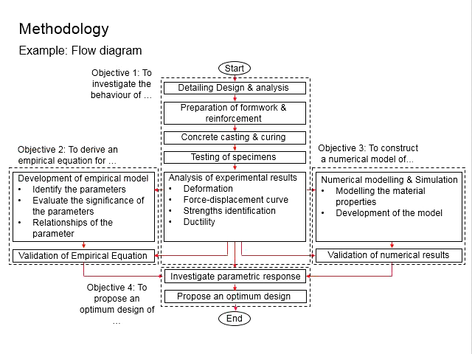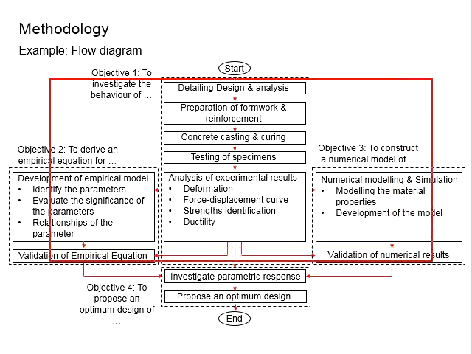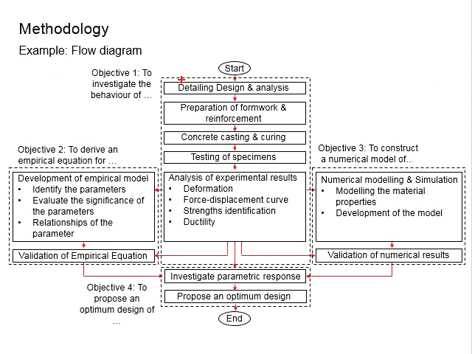which you need at least 80% of the specimens having the accuracy of plus minus 10% as compared to the experimental results. Now that you have 3 sets of results, one is from the experiment, second one is from the empirical equations, and the third one is from the numerical models.